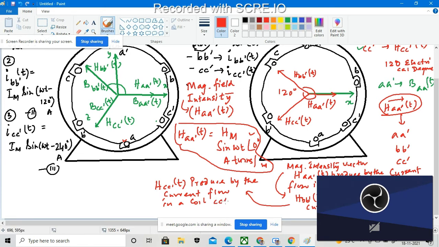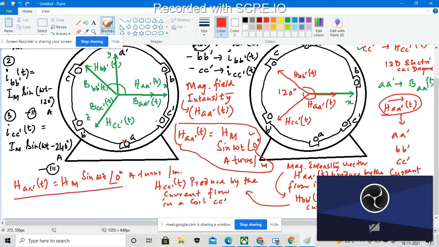What will be my equations? That means, what will be the magnetic field intensity equation for the coil A dash? I already told you that H of A dash t equals Hm, the total magnetizing intensity of a particular field, sine omega t, at an angle of 0 degrees, in ampere turns per meter.